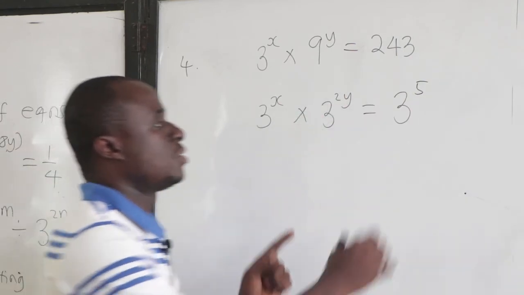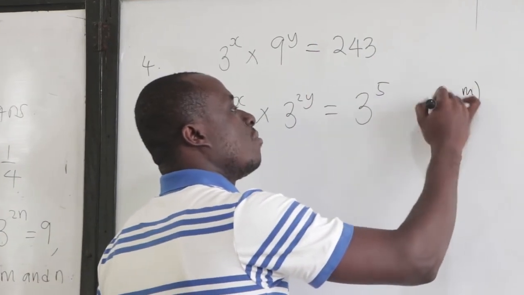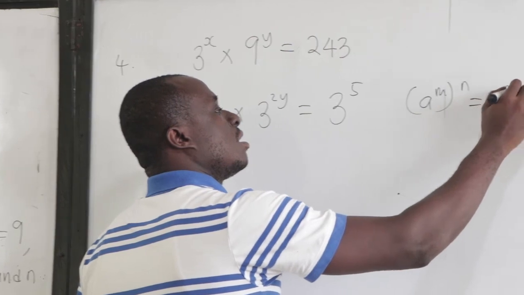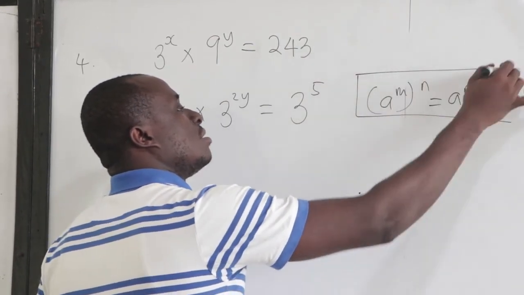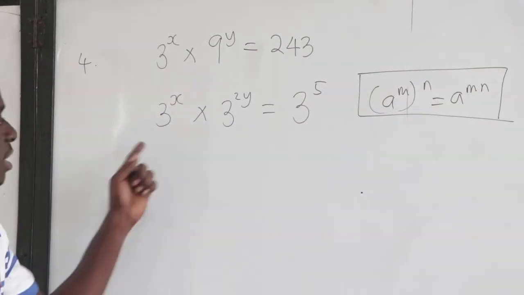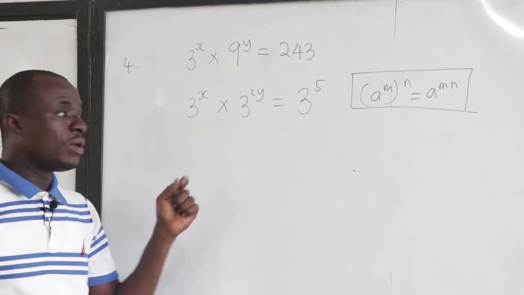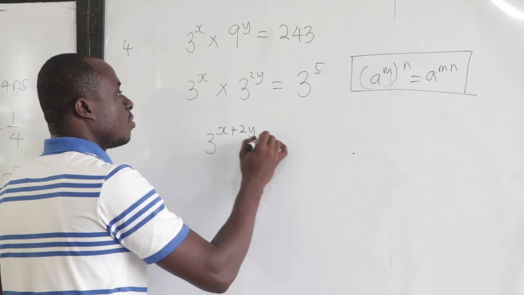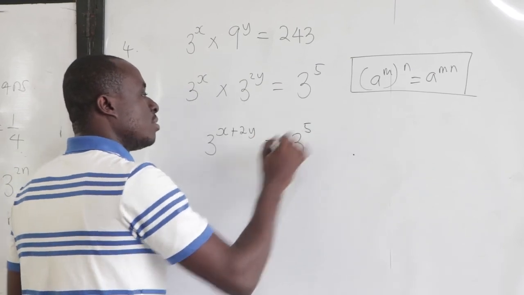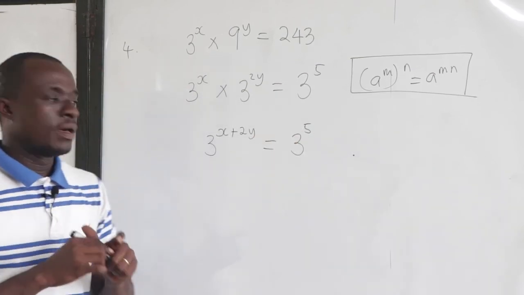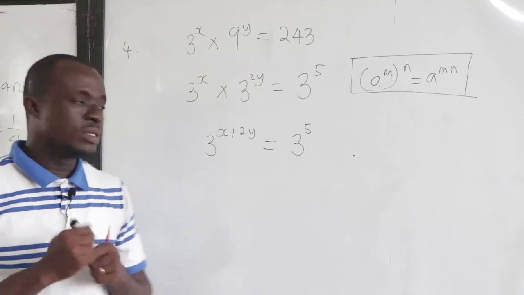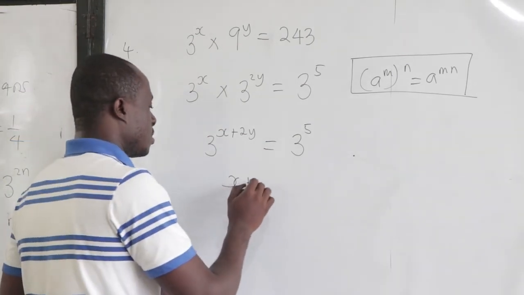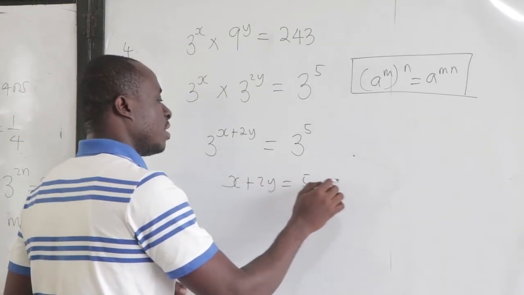Now you apply the rule (a^m)^n. Now we are multiplying, the bases are the same, so what do we do? We add the exponents. We have 3 to the power x plus 2y equal to 3 to the power 5. Now bases are the same, what do we do? We equate the exponents. We have x plus 2y equal to 5.